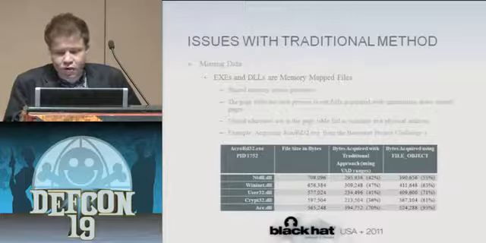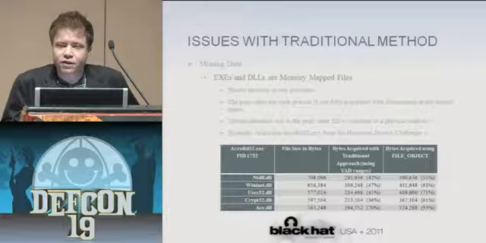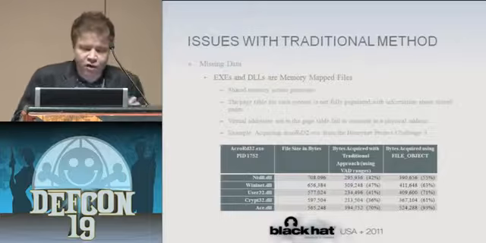Then I used a different technique that we're going to cover in the last half of this presentation, which was using what's called file objects, which represent the memory map files.